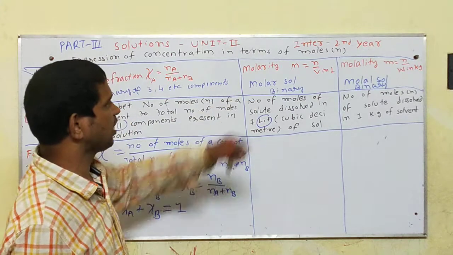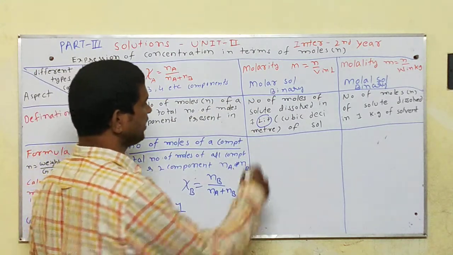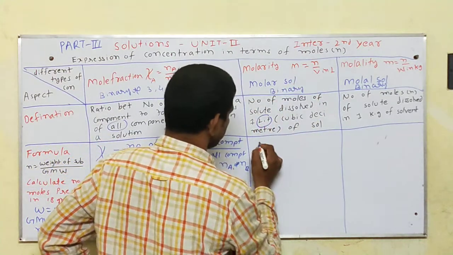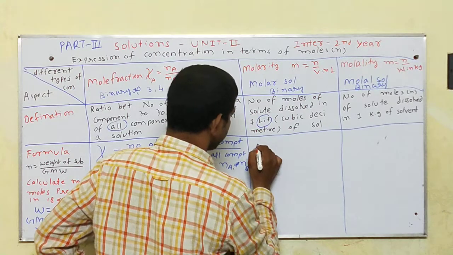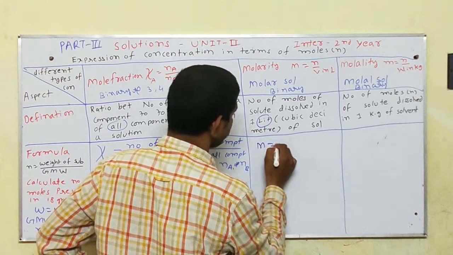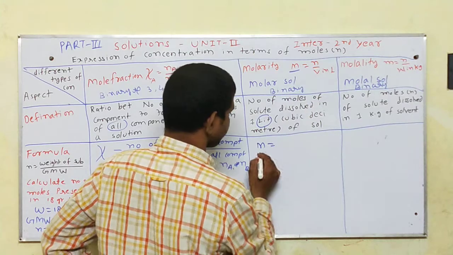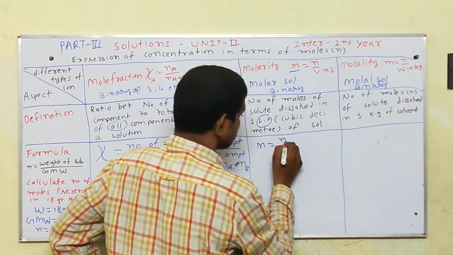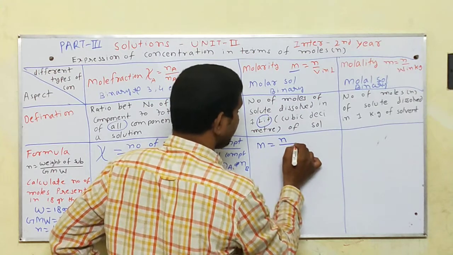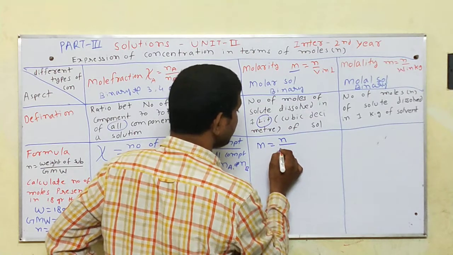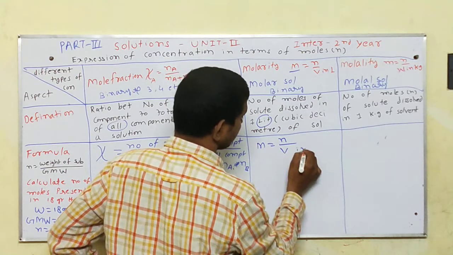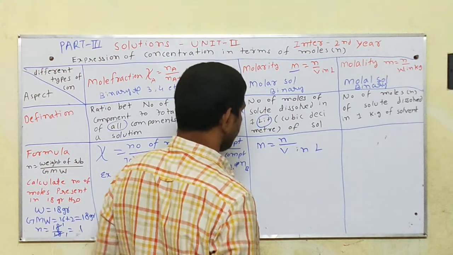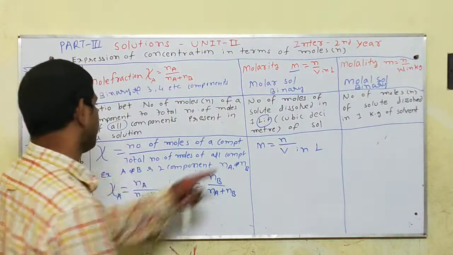The formula for M, it is denoted by M, is the number of moles of solute, n, by V in liters.